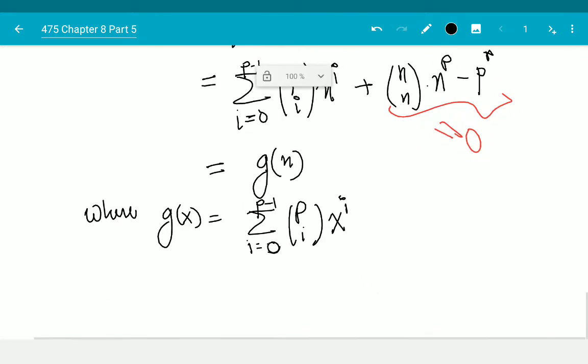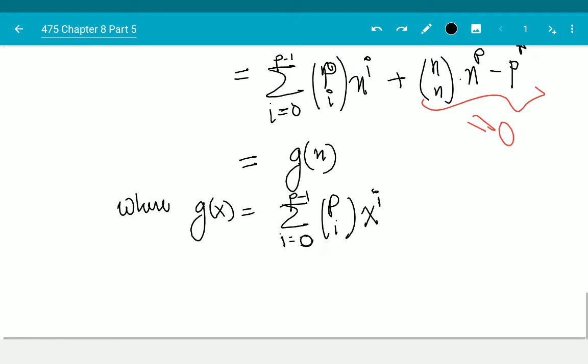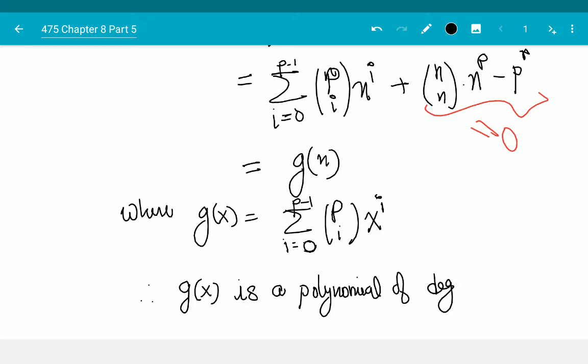Great. I have a polynomial, but what is the degree of this polynomial? Therefore, g of x is a polynomial of degree p minus 1.